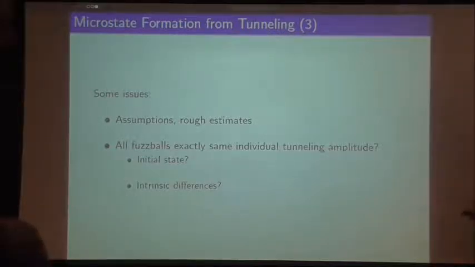So you could ask, this will obviously depend on the initial state, right? Different initial states will give you different amplitudes into different final states. That's kind of obvious. But there might be some intrinsic differences where you can say, this kind of microstate is always going to be more preferred to another microstate, or in general going to be more preferred.